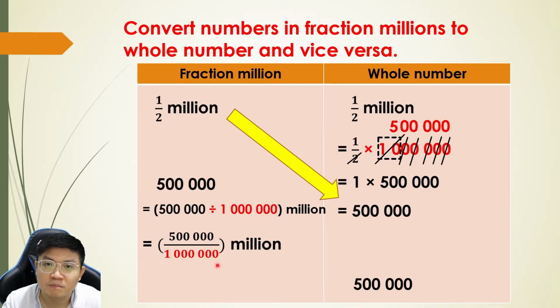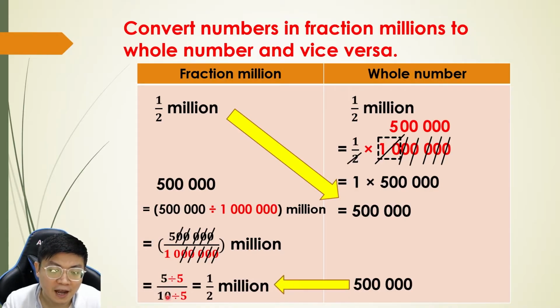We can use the simplify method. We want to cancel the 0s. But remember, the numerator and denominator must be balanced when you cancel the 0s. Above only has 5, so below I choose 5 0s to cancel with above 5. The numerator, I cancel 5. The denominator, I cancel 5. So what is left? 5 over 10.